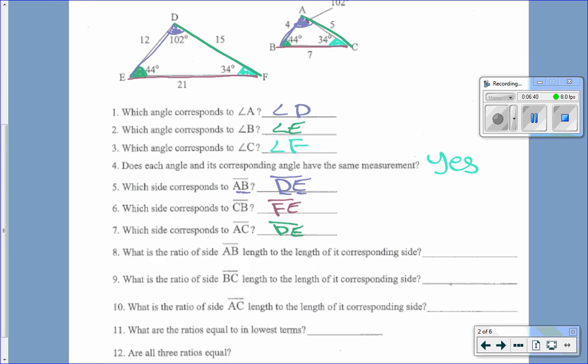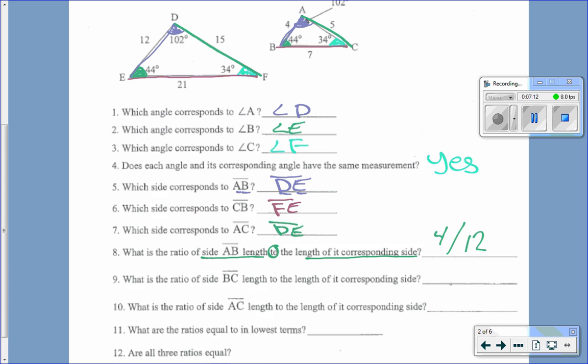Okay, let's look at number 8. What is the ratio of side AB length to the length of the corresponding side? Okay, so a ratio could be written how? As a fraction. Good. So what's the side length of AB? 4. So the length of its corresponding side is 12. Good. That's it. We're good? Okay.